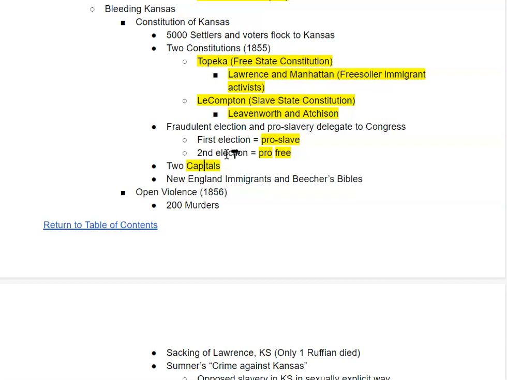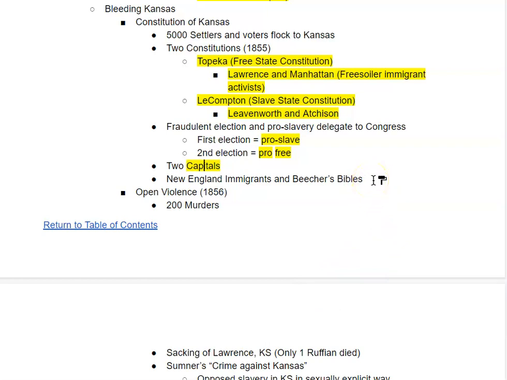People all over the country tried to help influence this decision. You had hundreds of people moving to Kansas from New England for the express purpose of joining anti-slavery gangs and trying to use violence and the threat of violence to prohibit slavery.